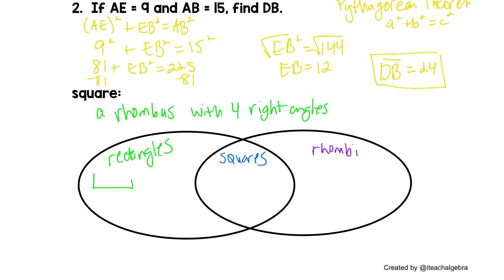Rectangles are always going to look like this. Rhombi are always going to look like this, or like a diamond.